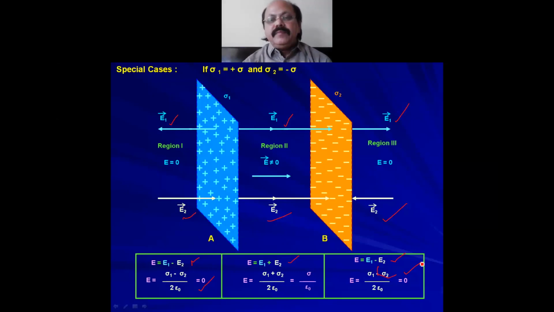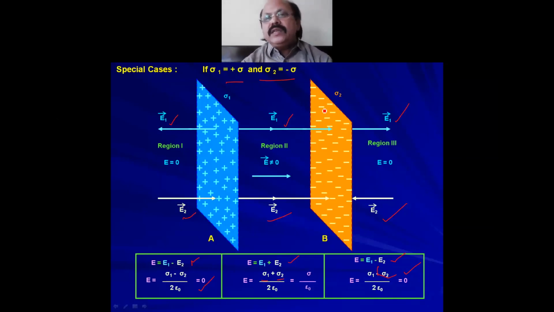Why are we substituting sigma in place of sigma 1 and also sigma in place of sigma 2? You might say that sigma 1 equal to sigma and sigma 2 equal to minus sigma, but here you are not putting minus sigma in place of sigma 2. Why are we not putting this? Because we have already taken the direction of the electric field intensity because of the plus sigma and minus sigma, that is, the plus q charge and minus q charge.